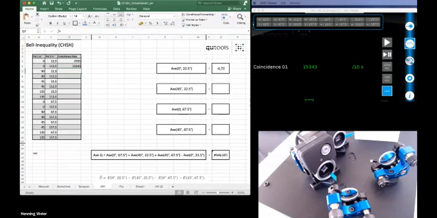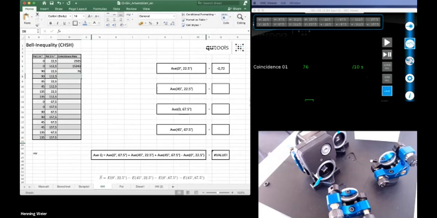So the next one is 90, that's V, and 22.5, so this one, let it count. Right, 76, that's not a very high number.